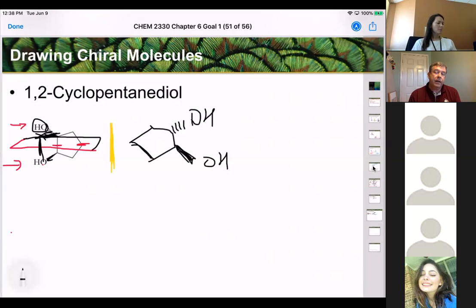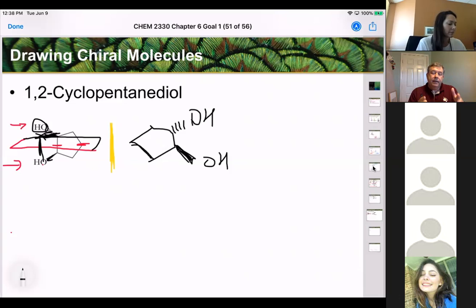And if we do not have that plane of symmetry in our compounds with two or more chiral centers, that means they are not meso, okay? That definition of meso is if we can find somewhere in there where if we cut the molecule in half, the top and bottom, or the left and right, are exactly the same, that means that is that plane of symmetry, and that takes away the chirality, okay?